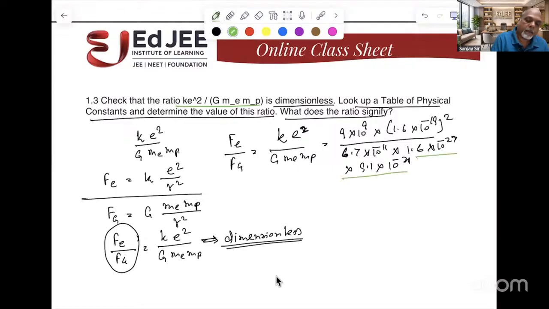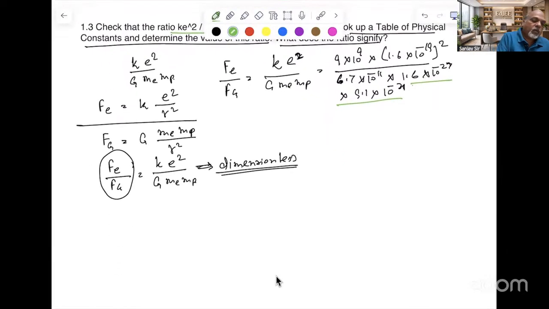What you will get here? You will get the figure like 2.4 into 10 raised to some power. Now, this ratio is quite large. This ratio is quite large.